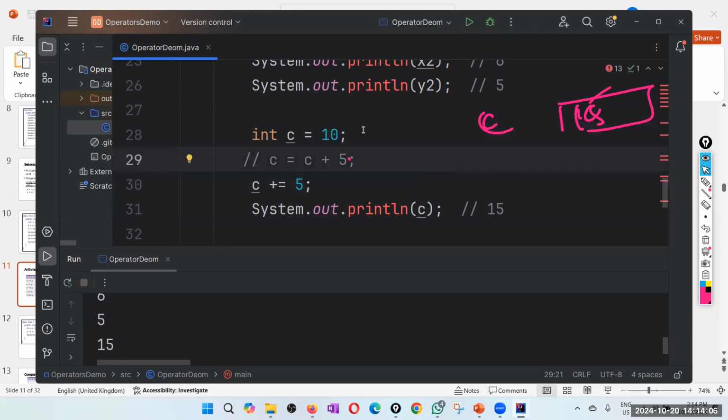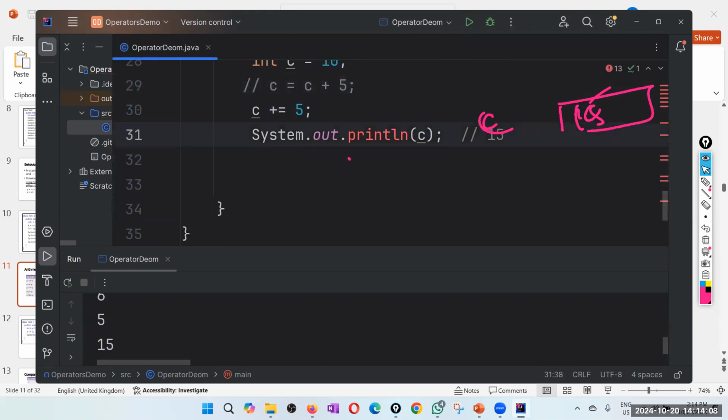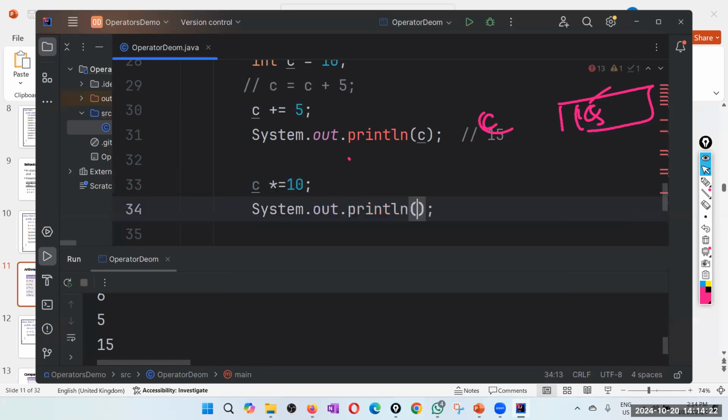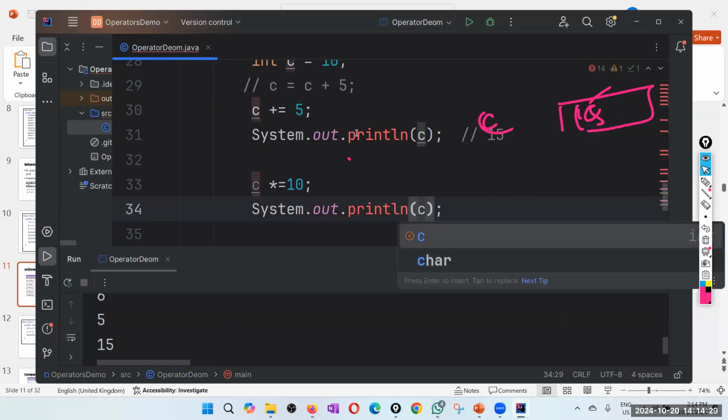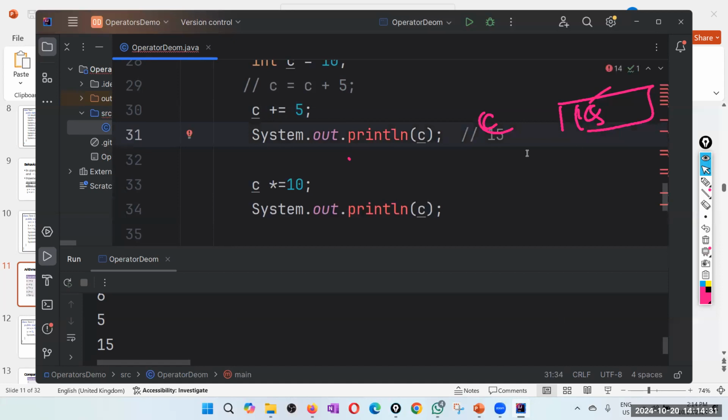15. And also we can extend it to any other arithmetic operator. For example, I can say new C multiply equal, say, 10. Then what is the output? Can anyone tell me what is the output? So I print C now. But by the end of this line, C is 15.